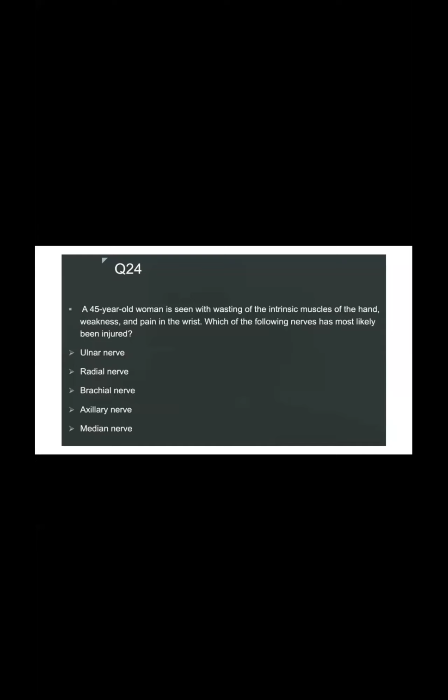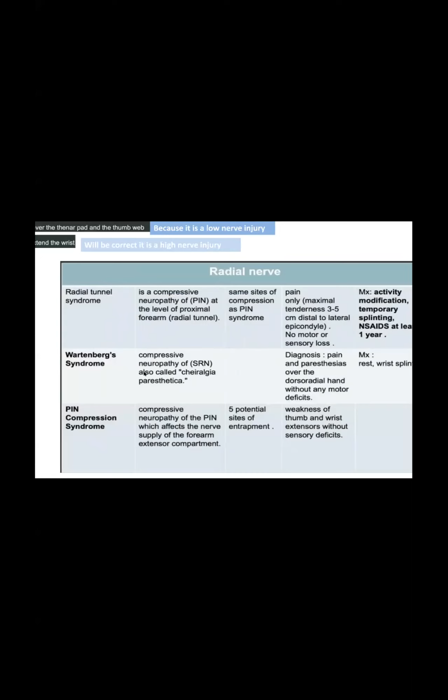Dr. Kishori, if I discuss before that, radial tunnel syndrome, I'm opening that chart again. In radial tunnel syndrome, there is no associated wrist pain. Radial tunnel syndrome is a compressive neuropathy at the level of the proximal forearm. Wartenberg syndrome is a compressive neuropathy associated with paresthesia.